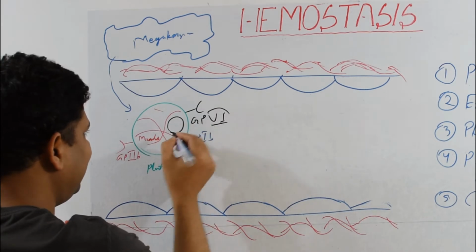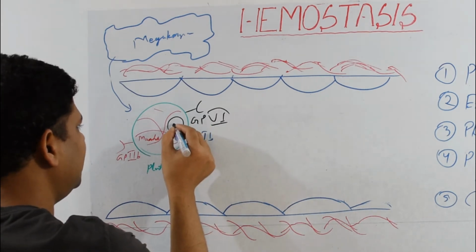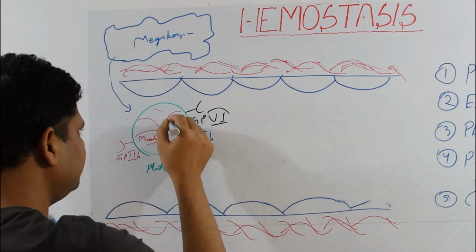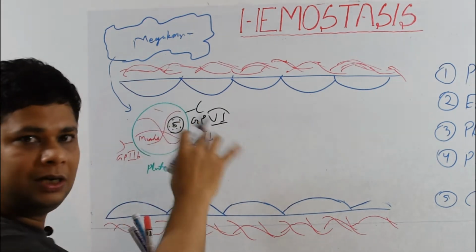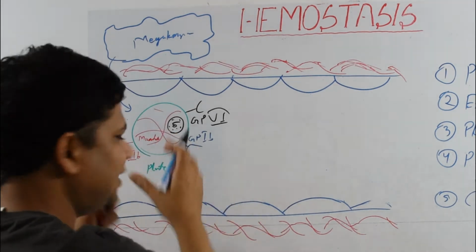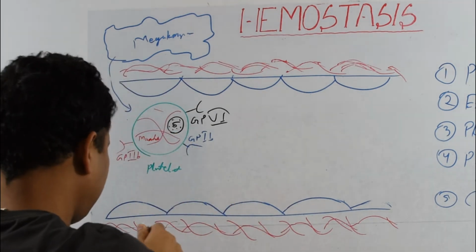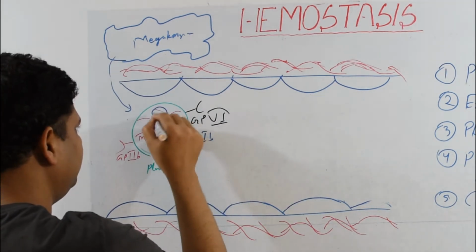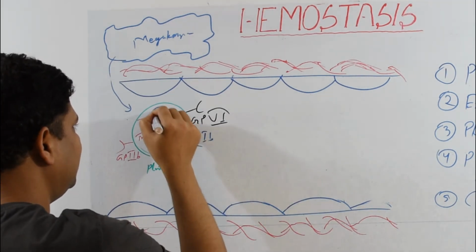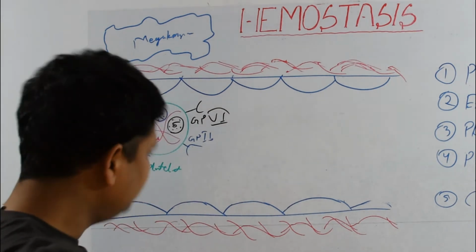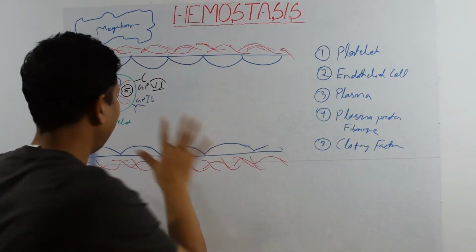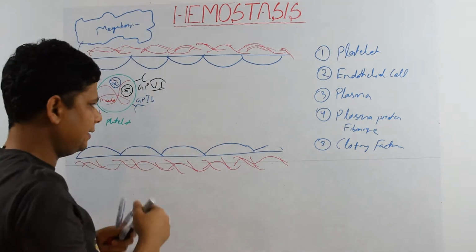One is the dense granule, which is also called delta granule. We'll talk about the components of delta granule. And another one is alpha granule. We will also see the components of alpha granule. These are the basic components of one platelet.